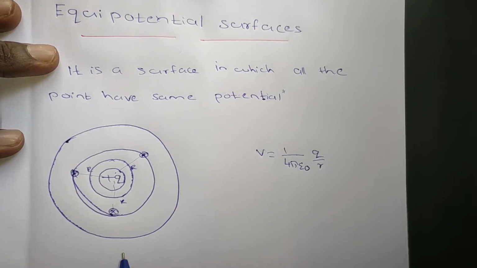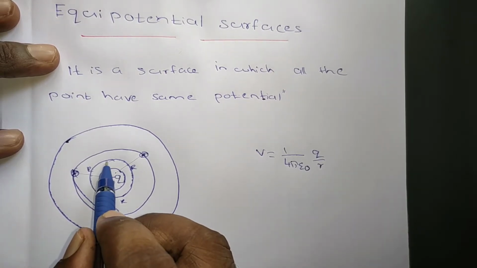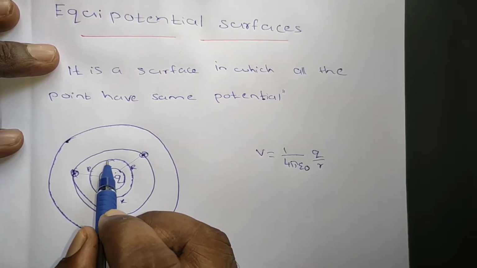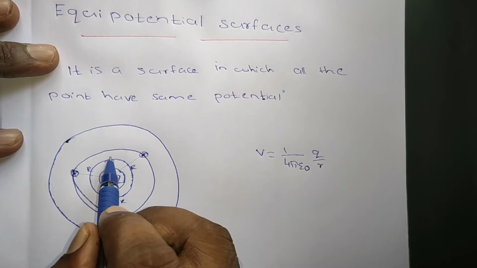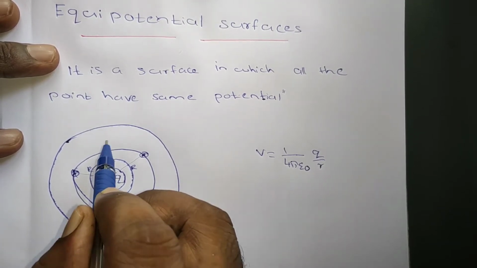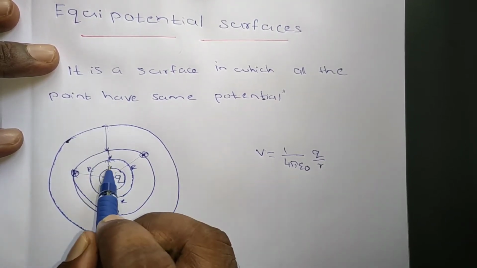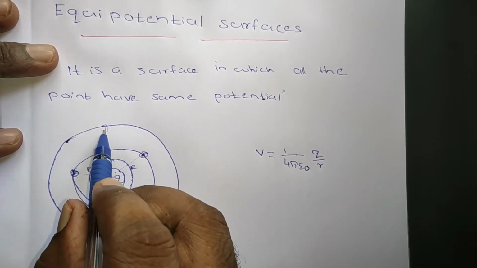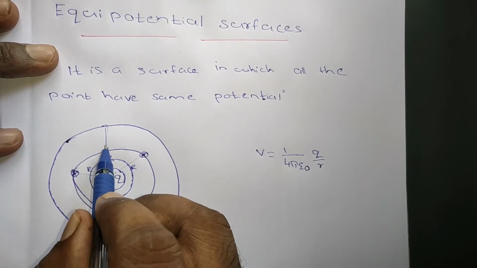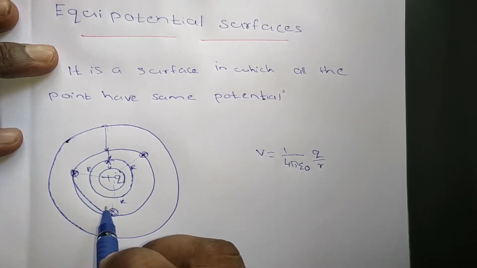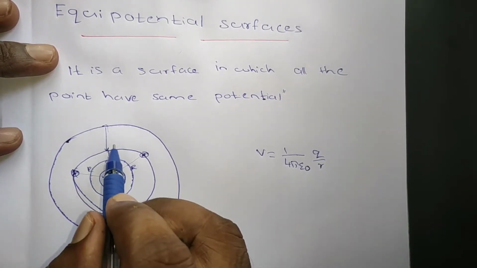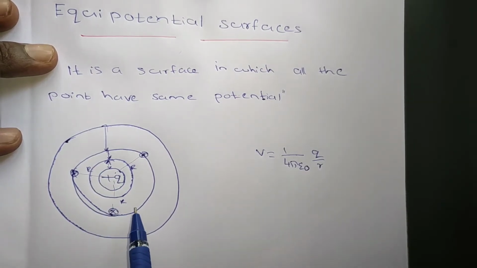Clear. And one more thing we have to consider. Here this is the distance, here this is the distance, and here this is the distance. You can see that while going away from the charge, the distance between the equipotential surfaces increases. Why?